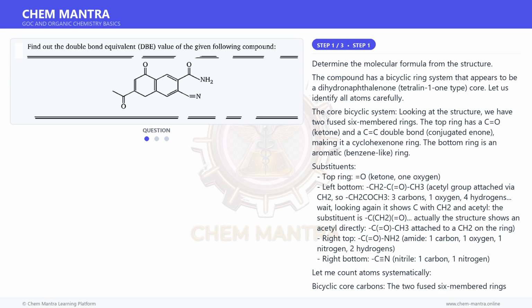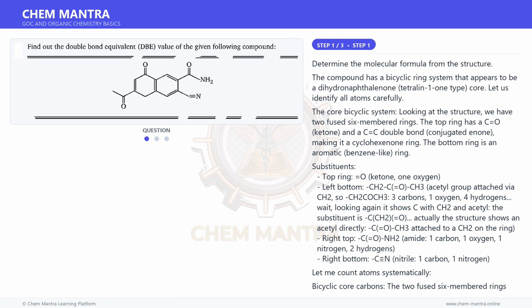Substituents. Top ring C=O, ketone, 1 oxygen. Left bottom, CH2C=O CH3, an acetyl group attached via CH2, so 3 carbons, 1 oxygen, 4 hydrogens. Wait, looking again, it shows C with CH2 and acetyl.